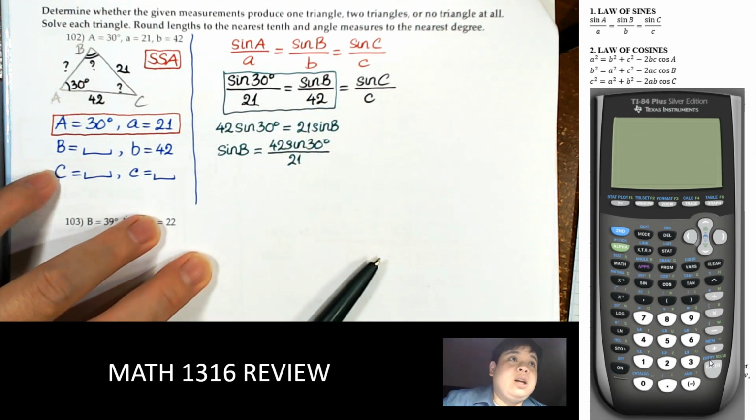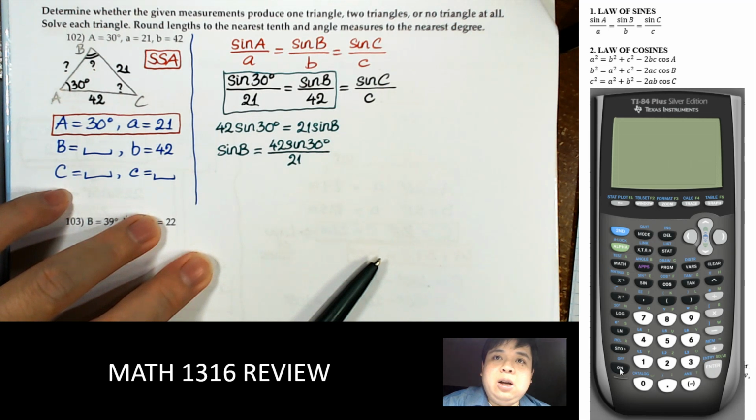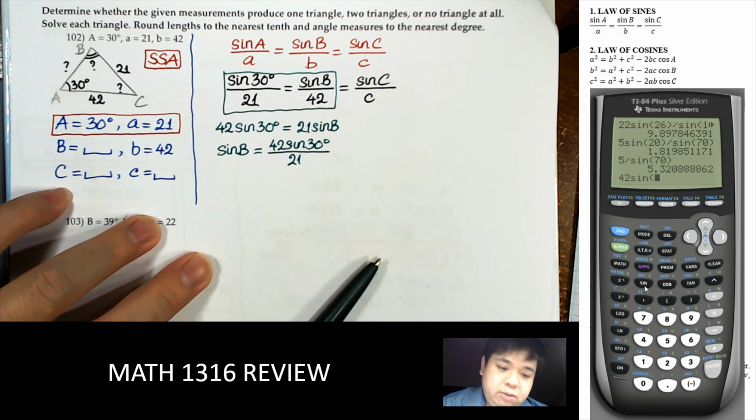So that's 2 times sine of 30 degrees, which is 2 times 0.5, so that's 21 divided by 21. So that is 1.